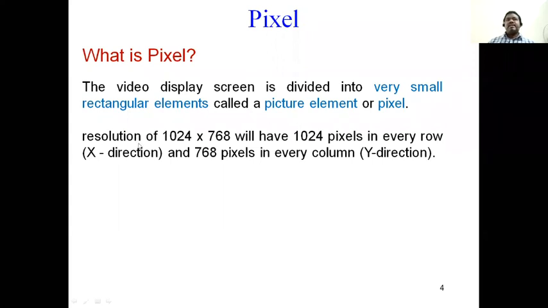If you see here, a resolution of 1024 means 1024 dots along the horizontal x direction, and in the y direction you will have 768. Every dot is a pixel on the screen.